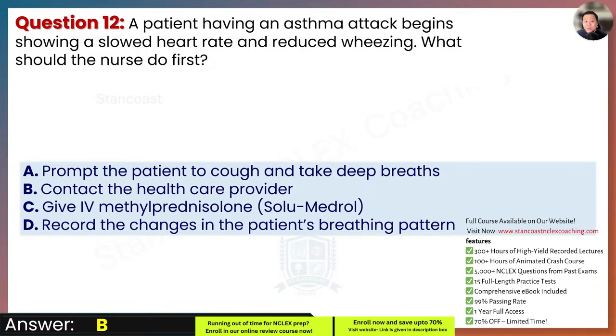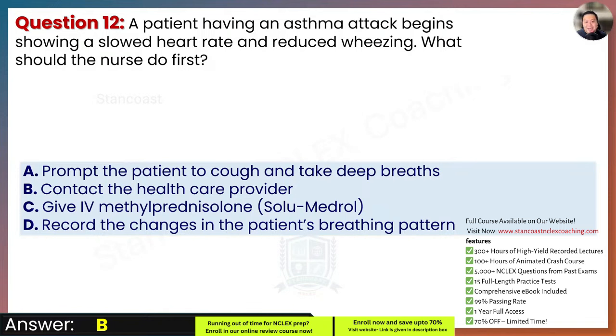Well, normally we know that wheezing is the hallmark sign of asthma, indicating that the airways are constricted but still have some air moving through. However, a decrease in wheezing may suggest that the patient is no longer able to move air through the lungs, which can be a sign of severe airway obstruction or an impending respiratory failure.